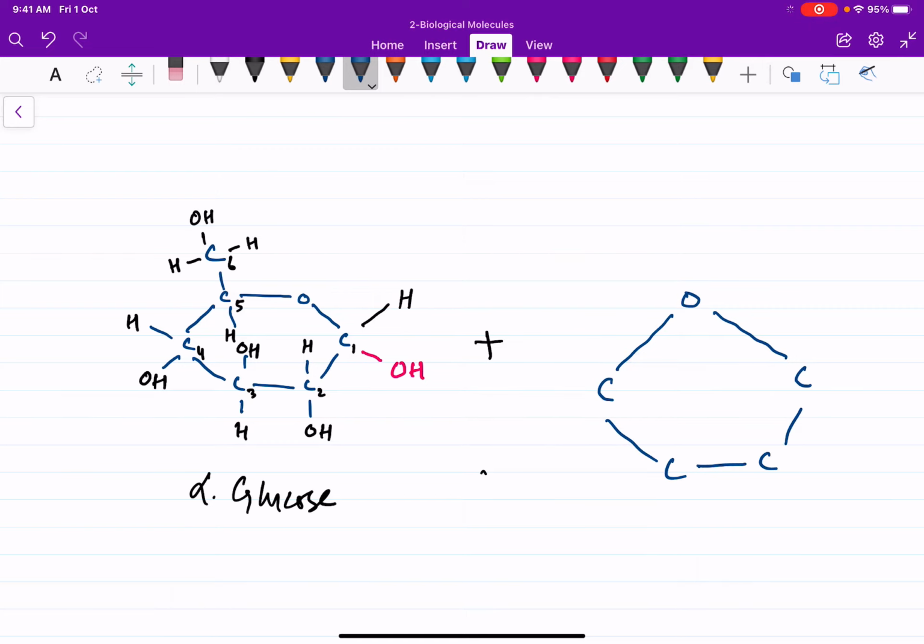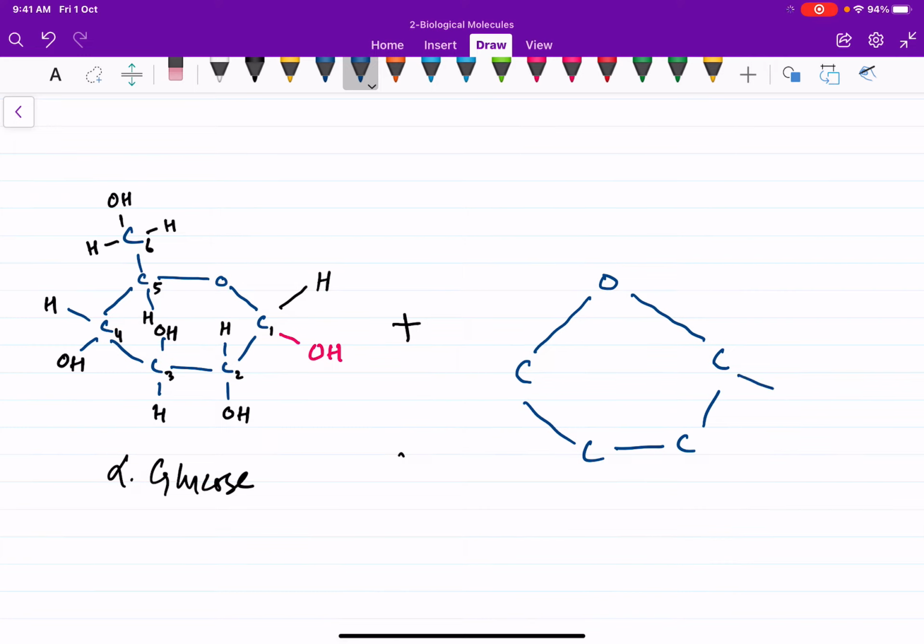Okay, so I can write C here, and an H here, and an OH here. So this OH group is here. If I number these carbons, this is carbon number 1, this is carbon number 2, this is carbon number 3, this is carbon number 4, this is carbon number 5, and this is carbon number 6.